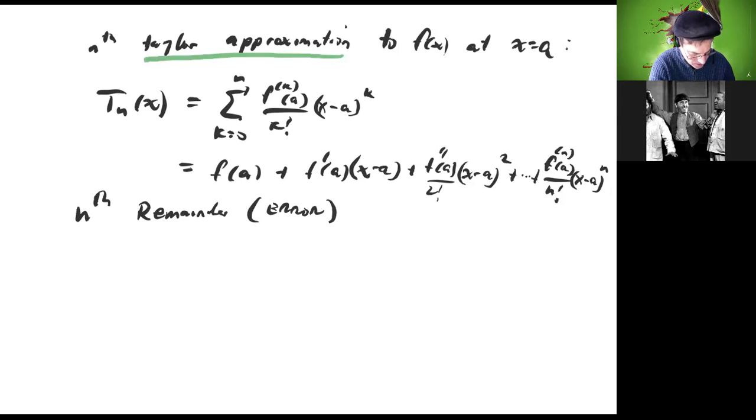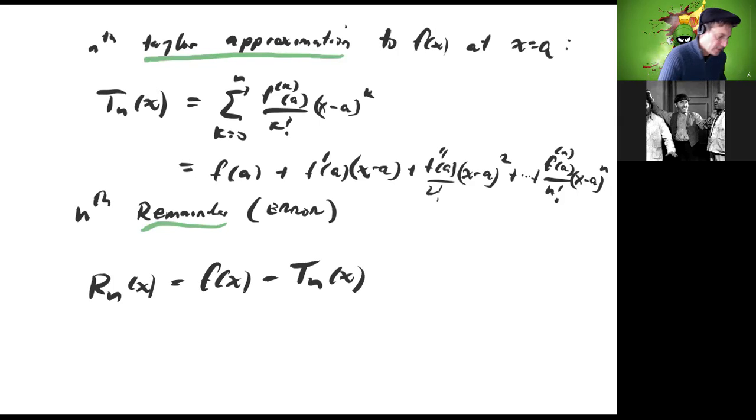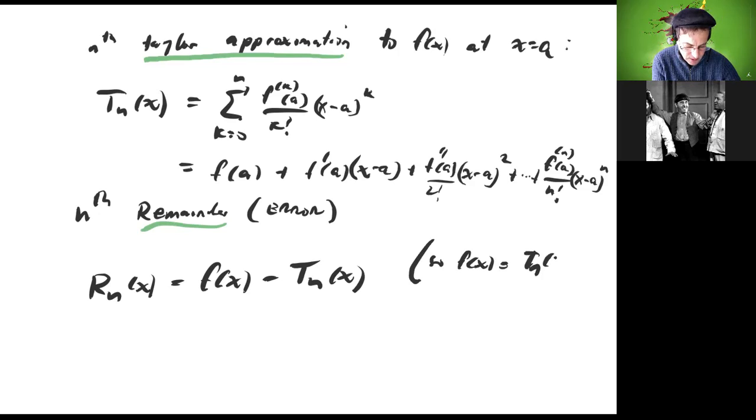The nth remainder is given by the difference between your function and the nth Taylor approximation. So this is the difference between your function and this polynomial. In other words, f of x can be expressed as the nth Taylor polynomial plus the remainder term.